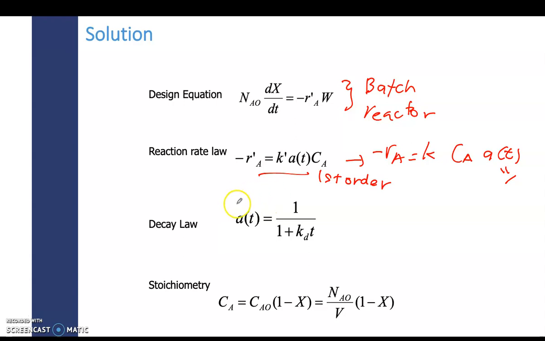So At, from your textbook, the equation is actually Rd equals Kd A to the power n, but in this case n equals 2, right?